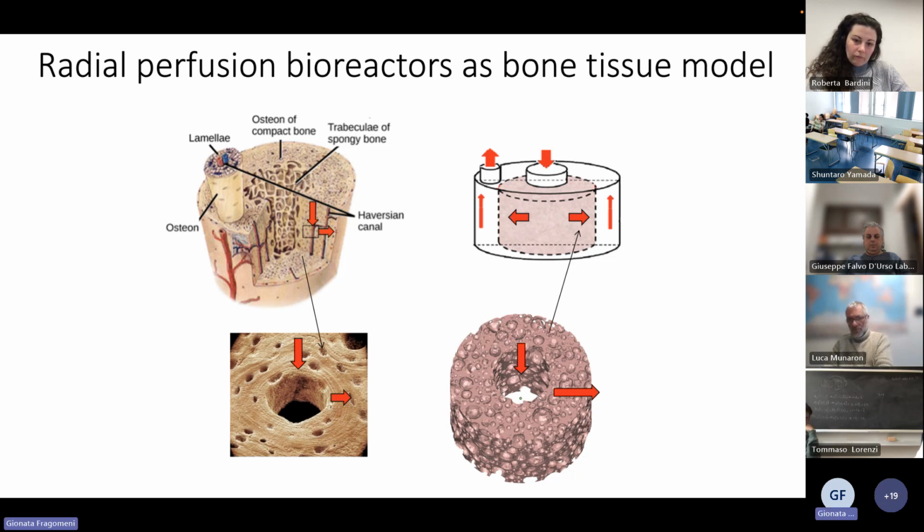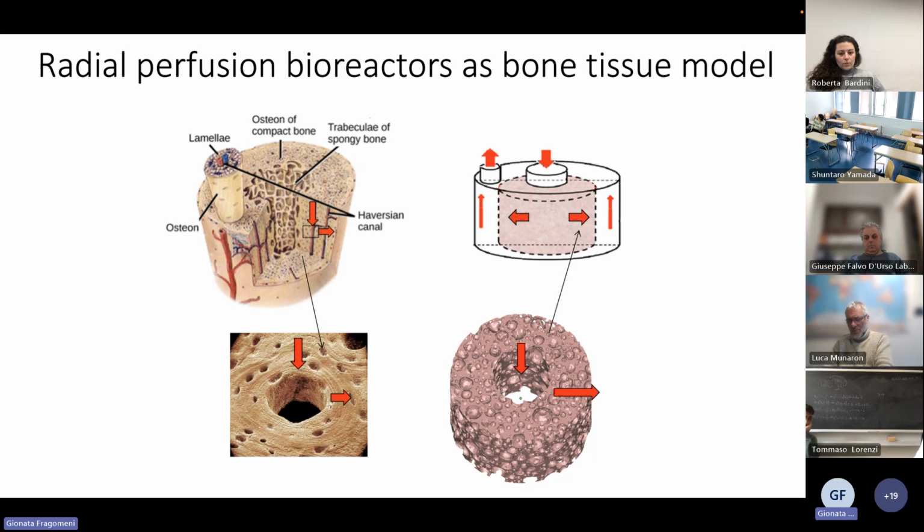This is only a slide to describe, as Georgia described very well, the role of the vascular system.